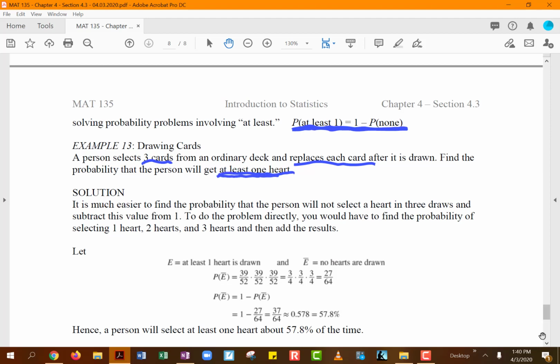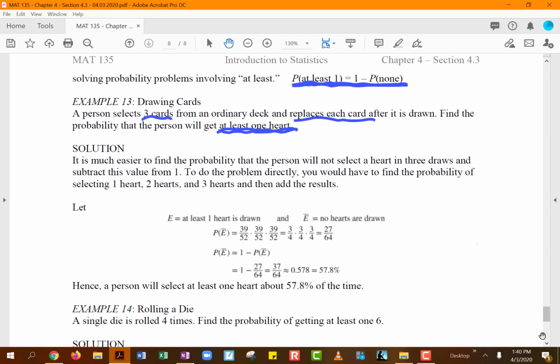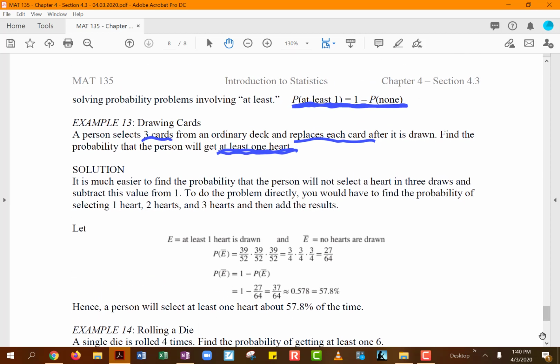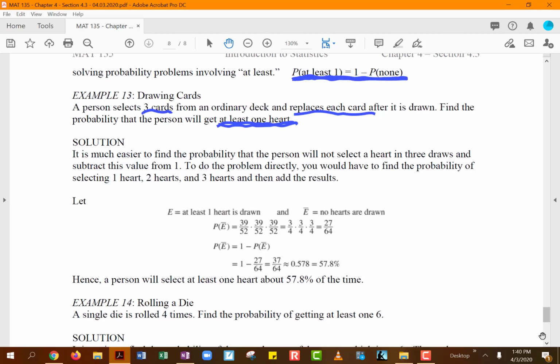So that's your keyword right there, at least 1 heart. All right, it's going to be easier to find the probability that the person will not select a heart in these 3 draws, which is the probability of none, and then you can subtract it from the value of 1. So find the probability of not selecting a heart in those 3 draws and subtract it from 1.